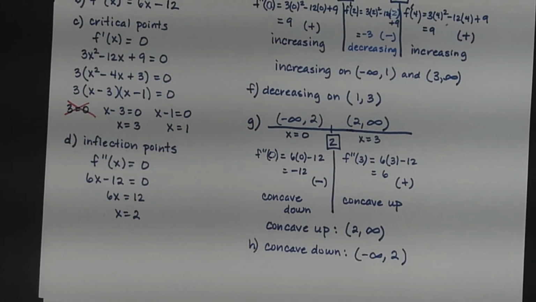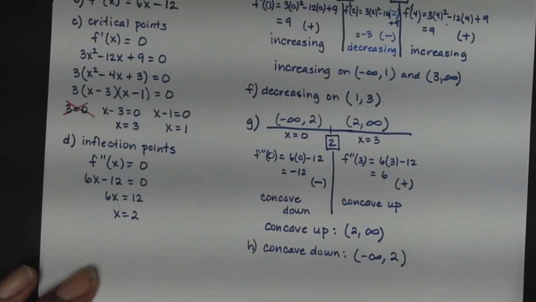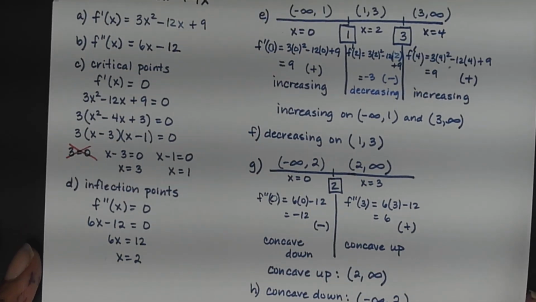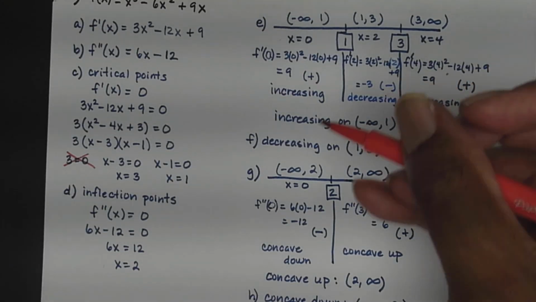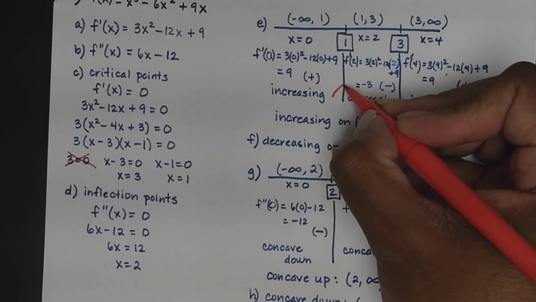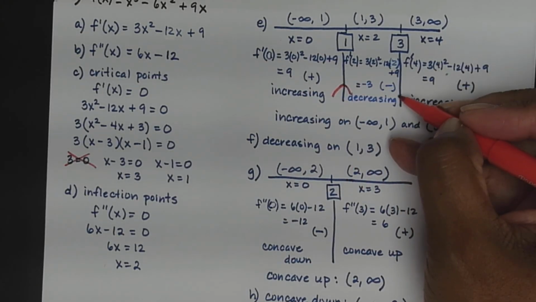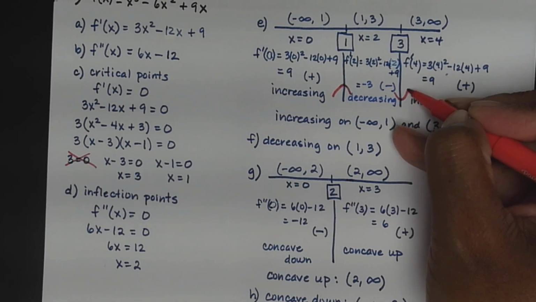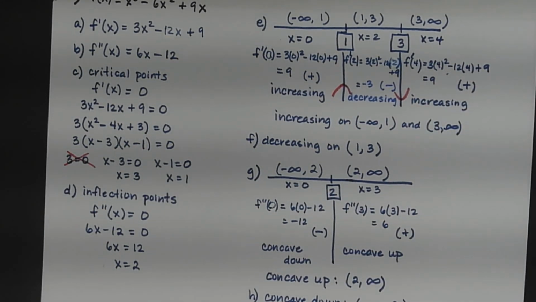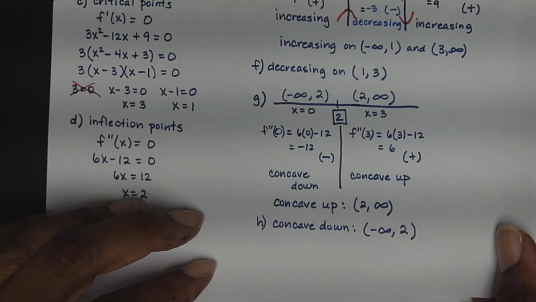Now they want the local maxima and the local minima. Well, look at the table in part E. Notice we're increasing at 1, and after 1 it starts to decrease. So that's a local maximum. And then at 3, to the left of it, we're decreasing, and then to the right of it, we change to increasing. So that's your local minimum.